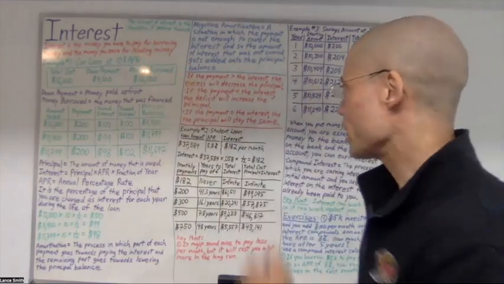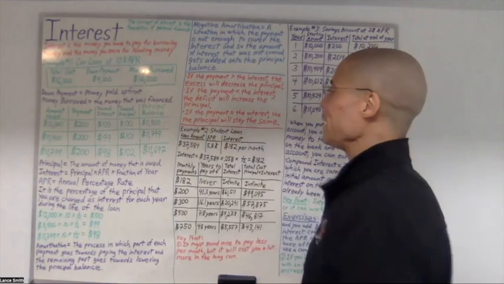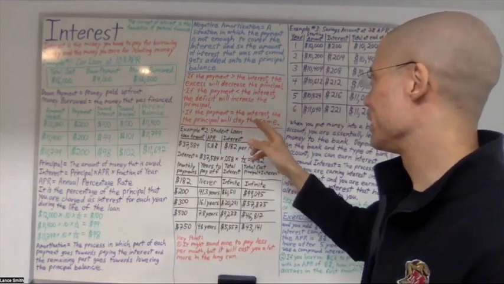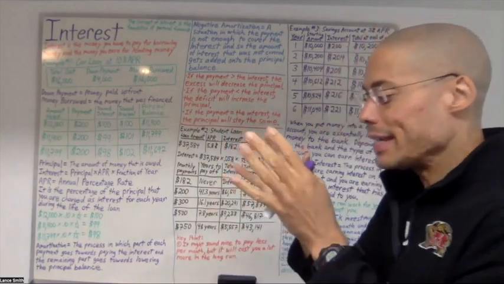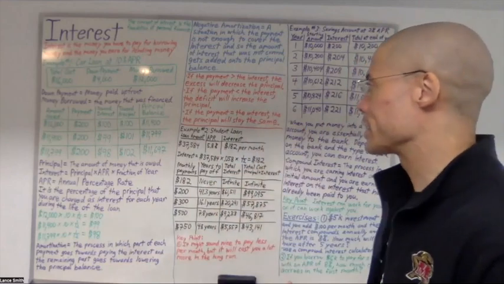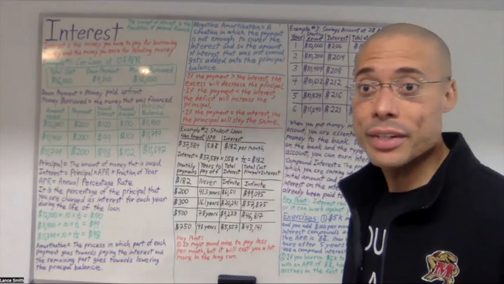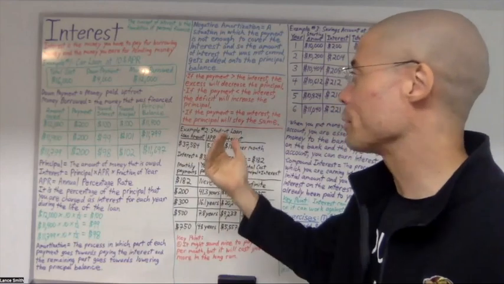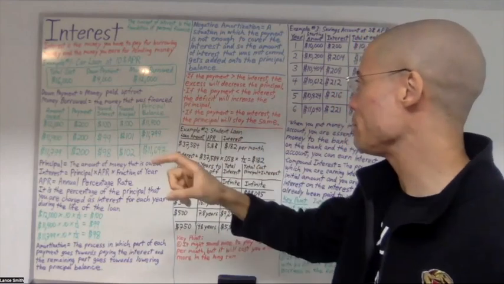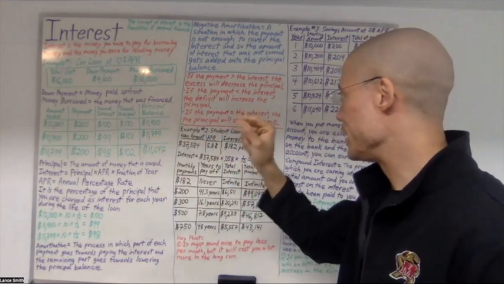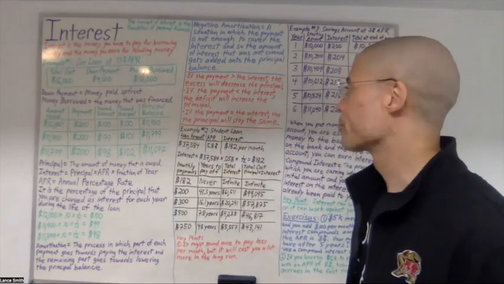But if the payment exactly equals the interest, then the principal will stay the same. You're not paying off any of the principal if the payment equals exactly the interest.